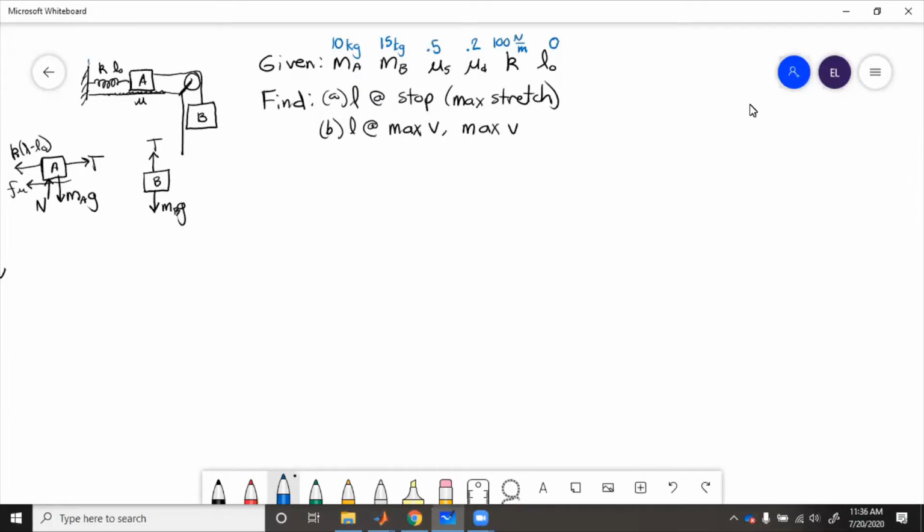So we'll say y, x, and then say state 1 is here, and state 2, which is max velocity state, be here, and then state 3 is going to be max stretch, which will be a little further. That's here.